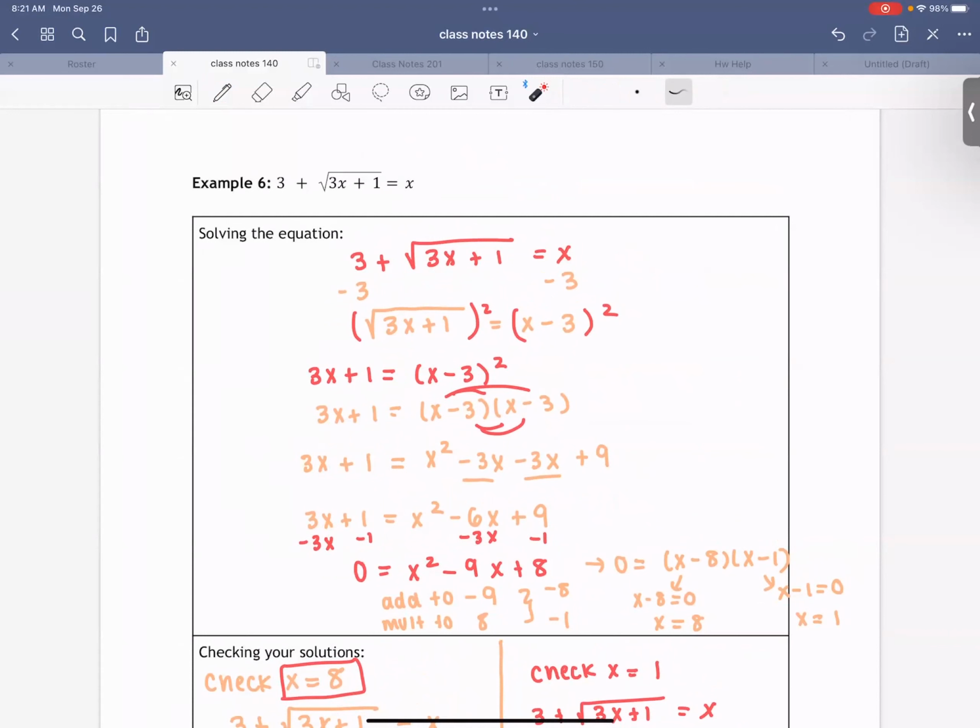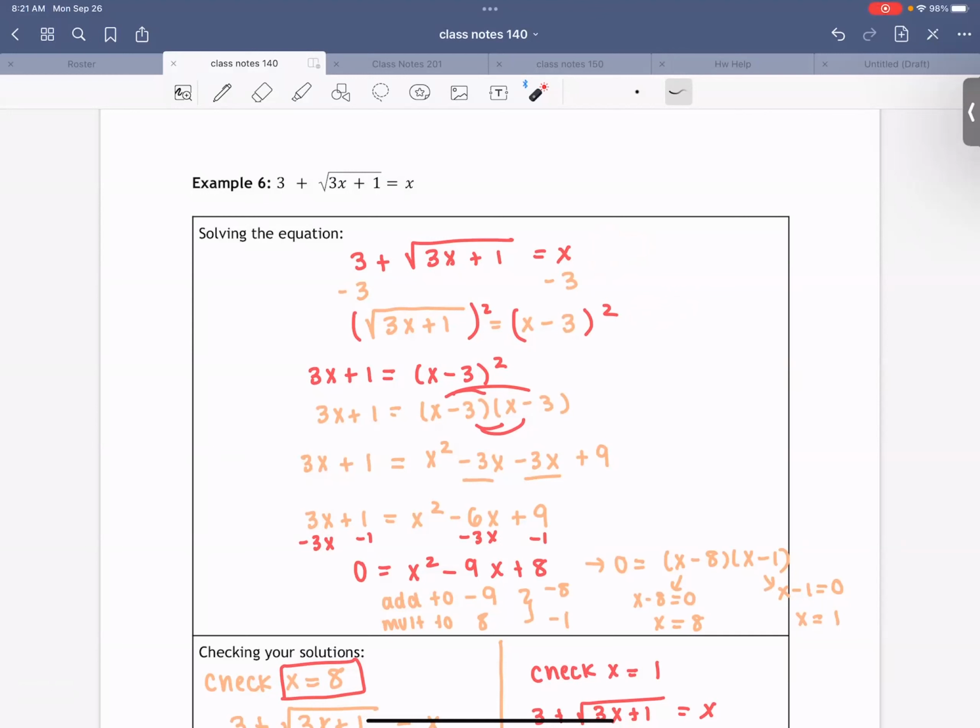I know that sounds kind of far-fetched, and we'll talk about domains later. But essentially, this equation here and this equation there are different equations. Okay, and we'll talk about how that shows up later. But we essentially solved a different equation than what we started with.